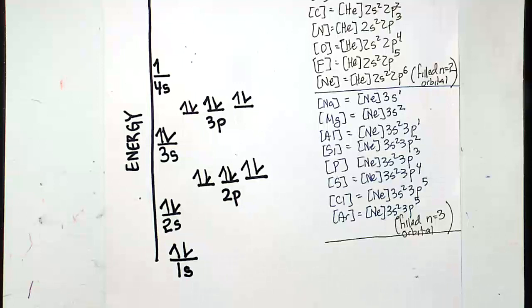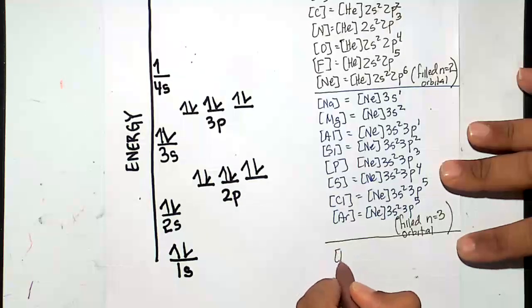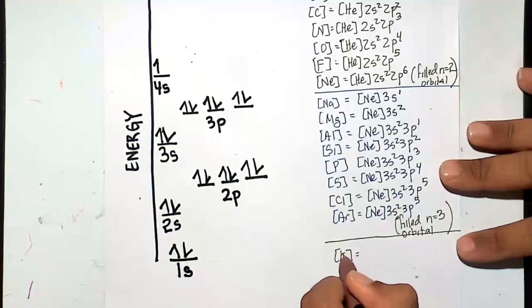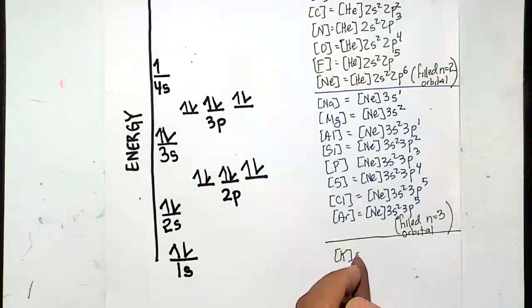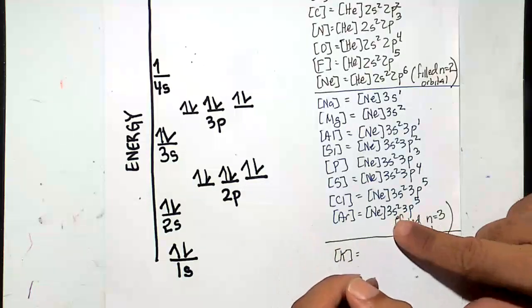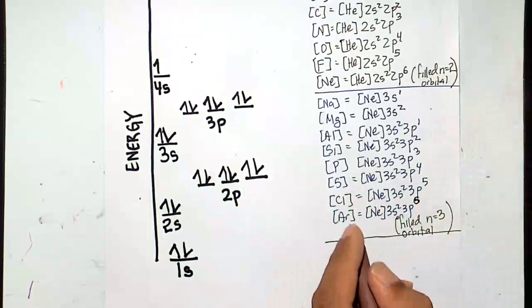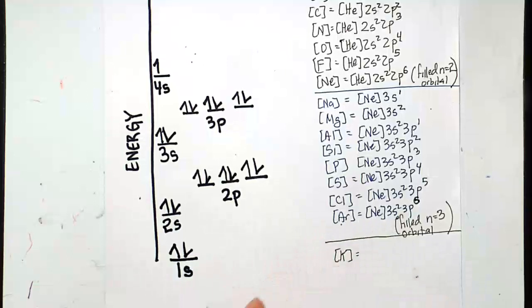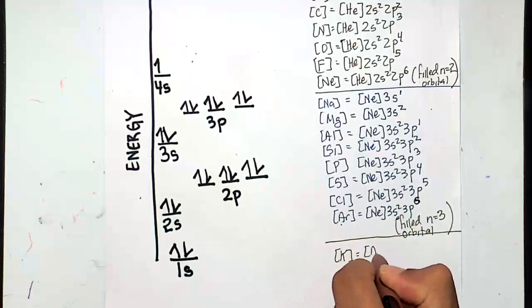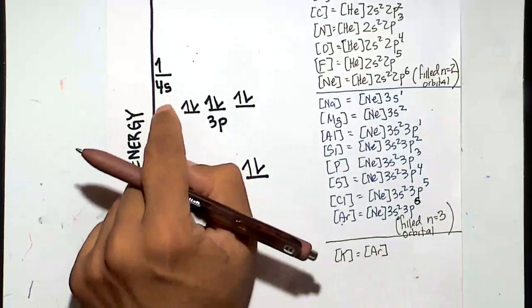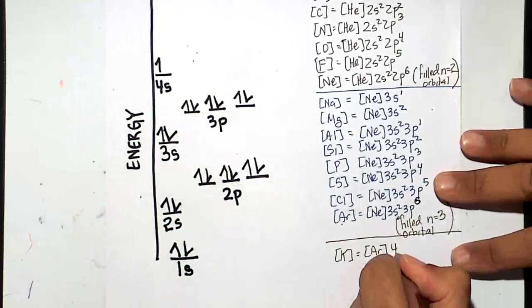What's the electron configuration of potassium, K? You can go 1s2, 2s2, 2p6, 3s2, 3p6, but we realized that 3s2 3p6 is argon, so potassium is nothing more than [Ar] 4s1.